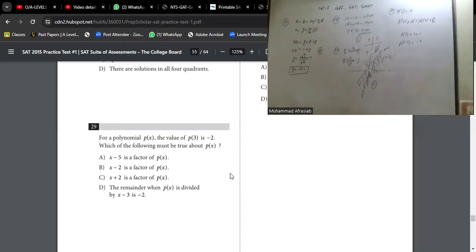So we can write this in terms of the remainder: when P of x is divided by x minus 3, the remainder is equal to -2.